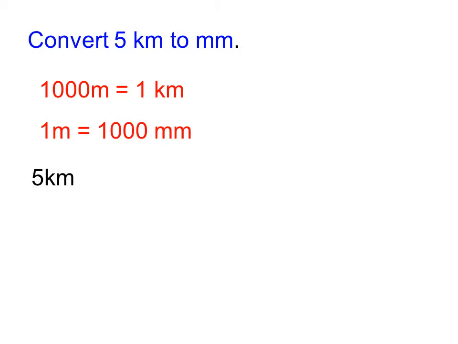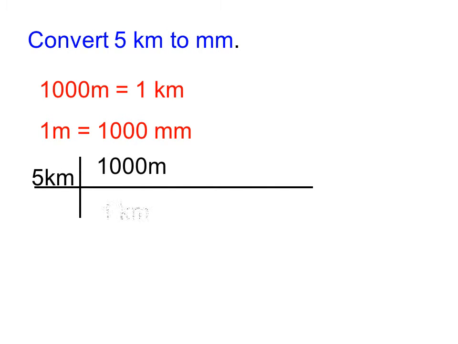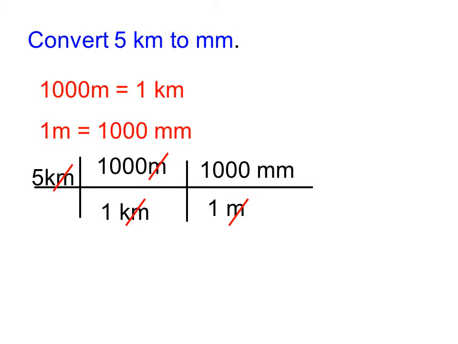Okay, so we start with the 5 kilometers, put in all our lines. Okay, got to put kilometer on the bottom to cancel it. That's equal to 1,000 meters. Cancel kilometers. Not there yet because we're trying to get it to millimeters. Now we're done. 5 times 1,000 times 1,000. You're there.